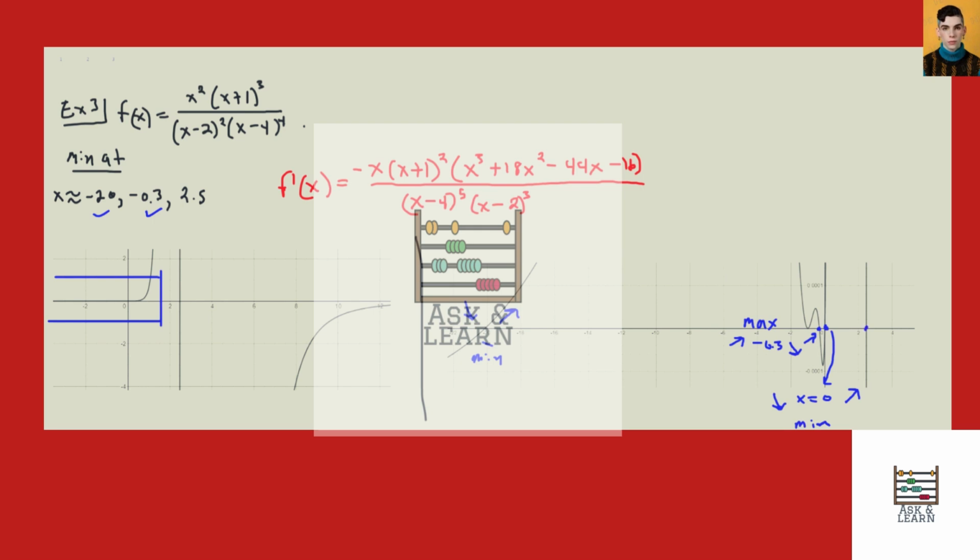And then over here at about 2.5, which is our last value that we had, we can see that we are decreasing into the point, and then increasing afterwards.